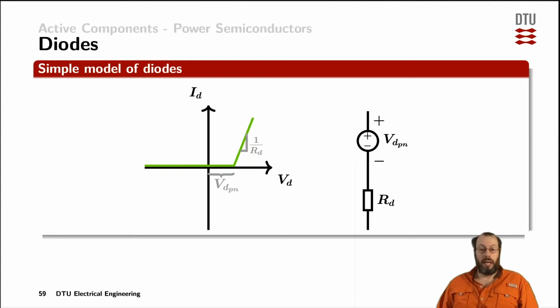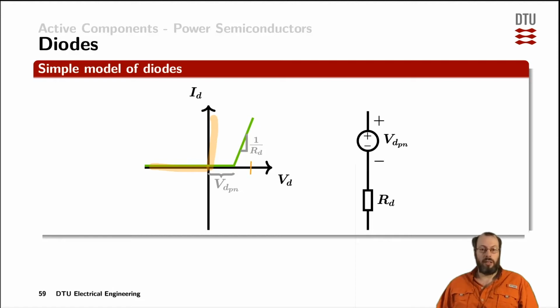Now, whereas an ideal diode would theoretically only operate along the x-axis in the negative direction and stick to the y-axis of the VI characteristics of that diode in the positive direction, we actually have a forward voltage drop at the operating point of the diode.